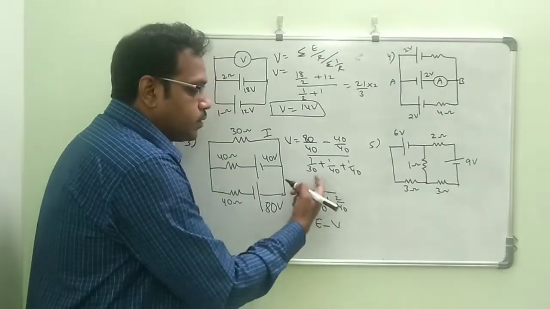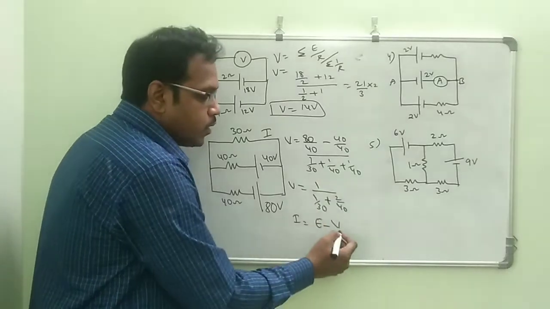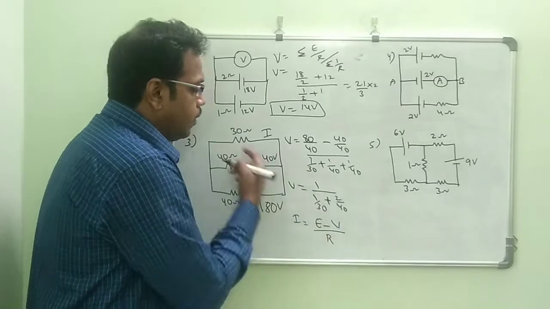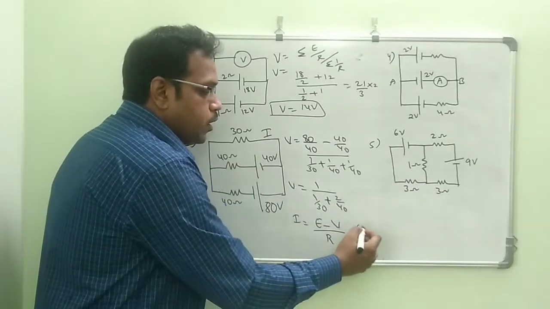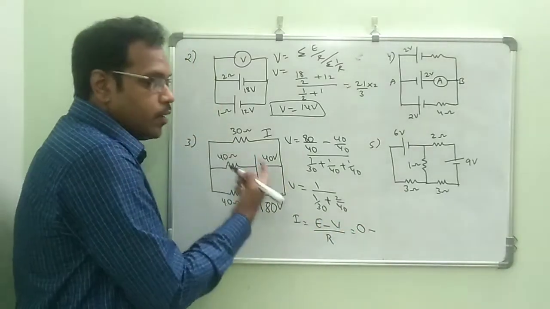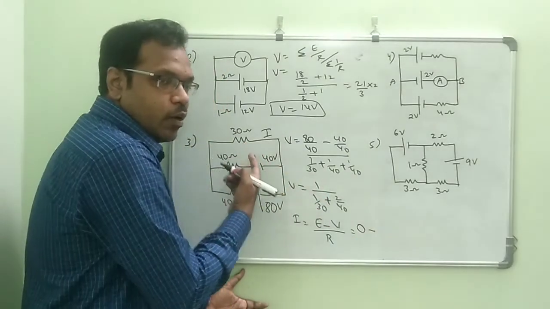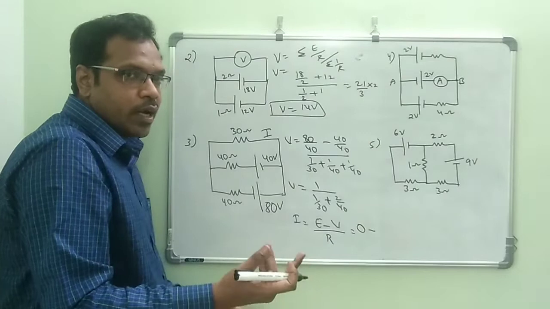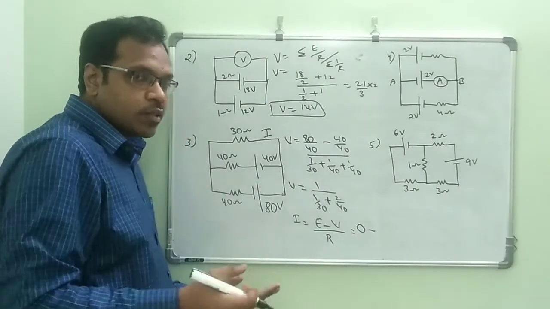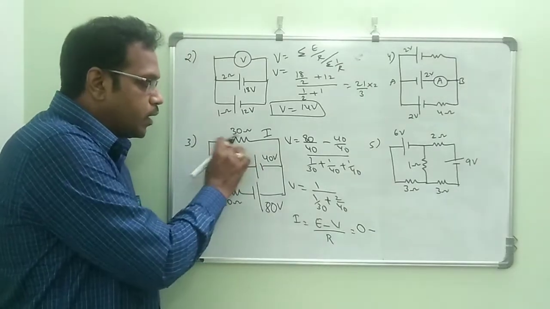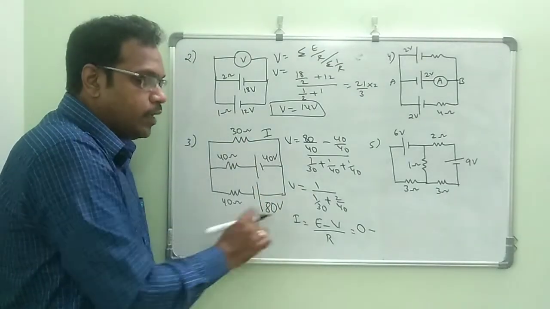So E minus V, this answer, then just take LCM, no problem, and by R. So that is 0 minus, no EMF, minus the answer, divided by 30. Okay, you will get a negative answer, no problem. Current, they'll give it in minus also as answer. So that is, battery is not there, and opposite polarity.